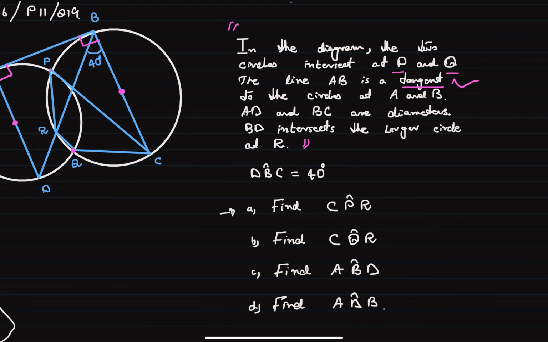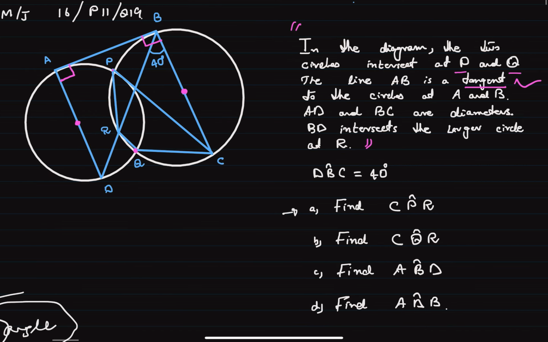BD intersects the larger circle at R. BD is a straight line that intersects the larger circle at R, right? And DBC is 40. Okay, DBC is 40. We need to find out angle CPR. Now look at where is CPR.